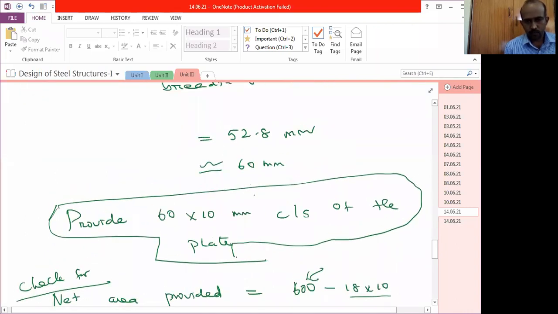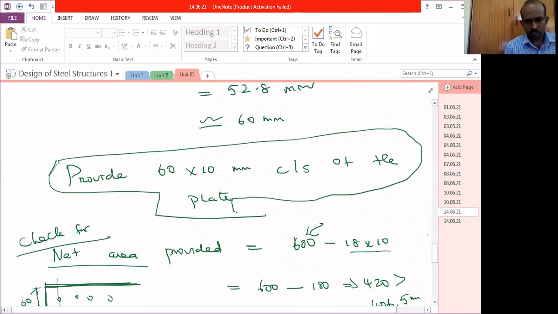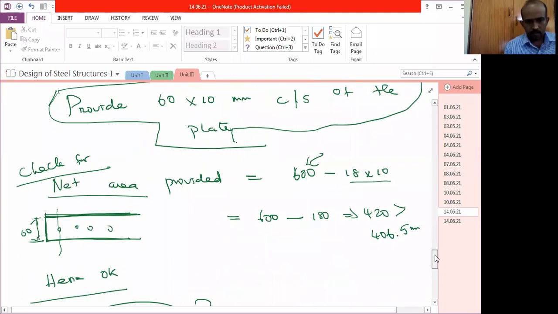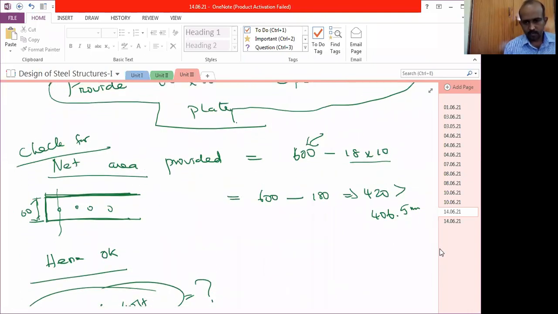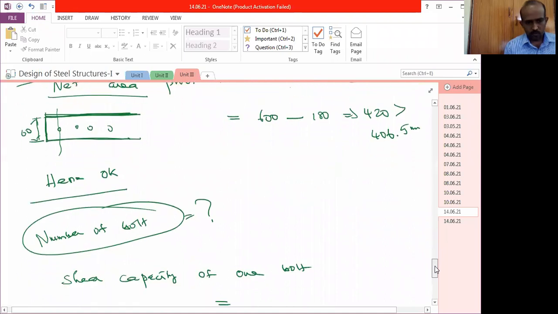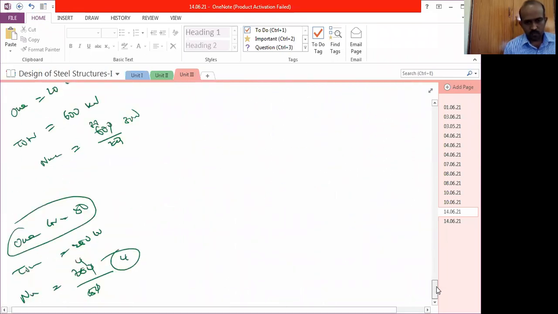Approximately we provide a 60 by 10 mm cross section of the plate, right? So net area provided is 420, that is greater than 406.5. Up to this we have completed. Next, what we have to do?